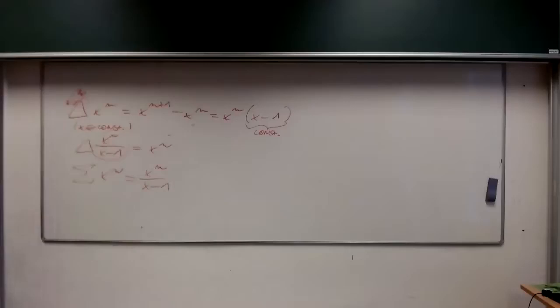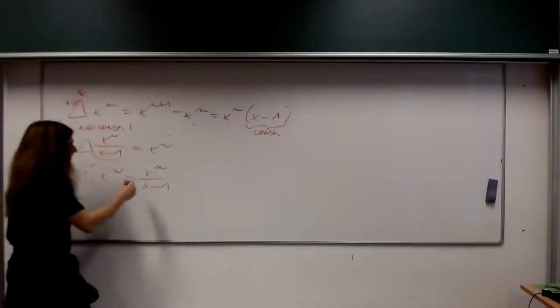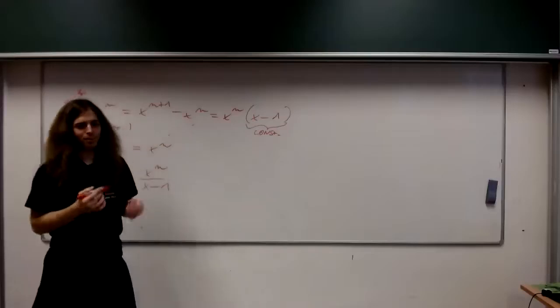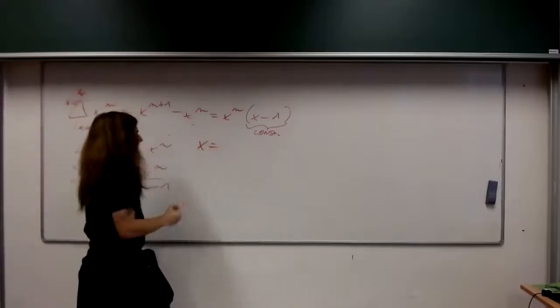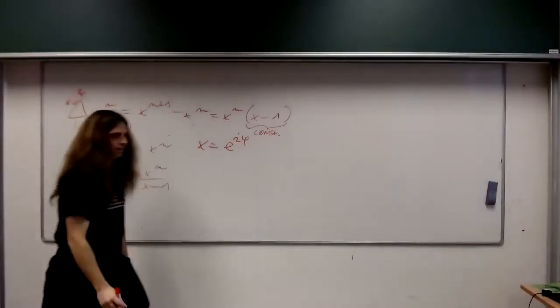And when we have this thing, then we can follow up with more, because we can do a little bit of a complex numbers trick by putting, let's say, x equals e to the i phi.